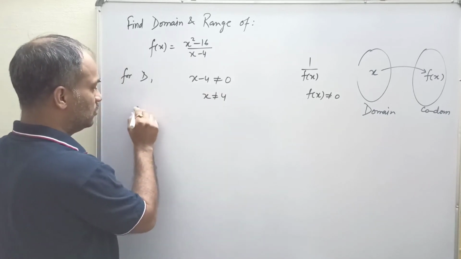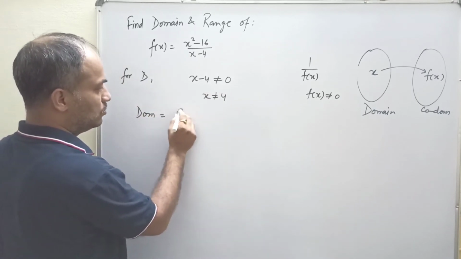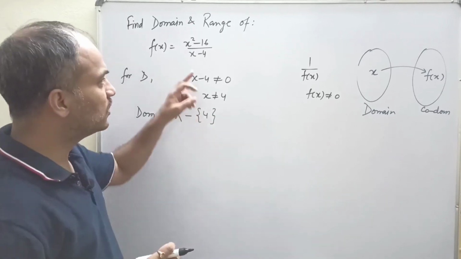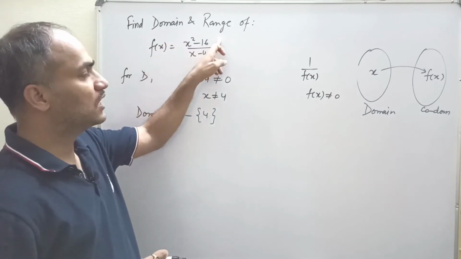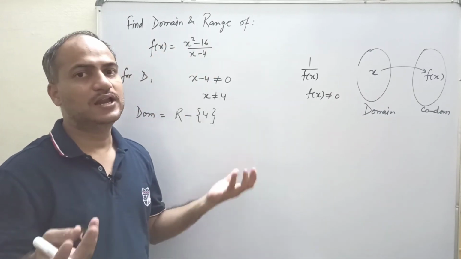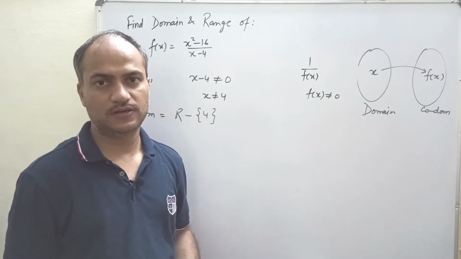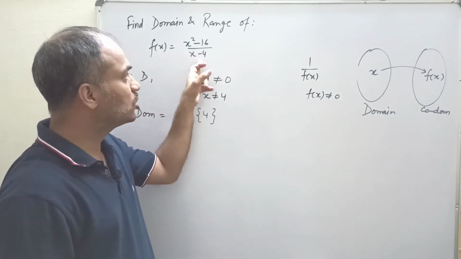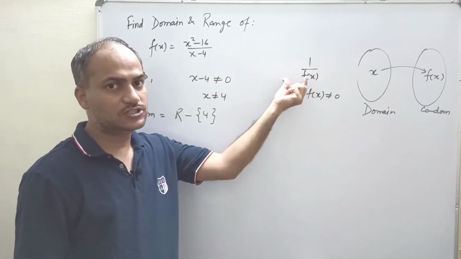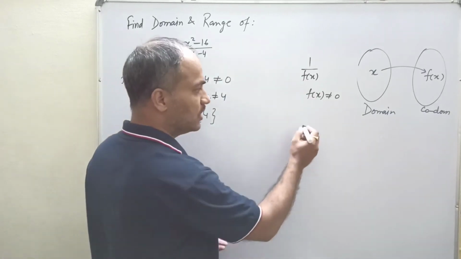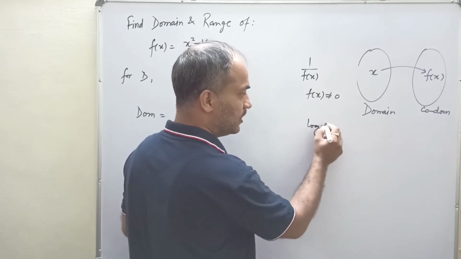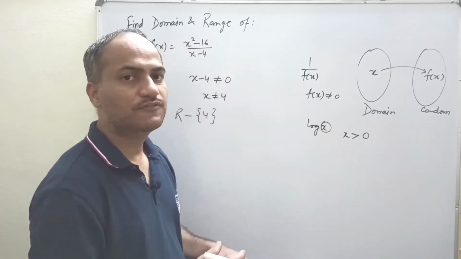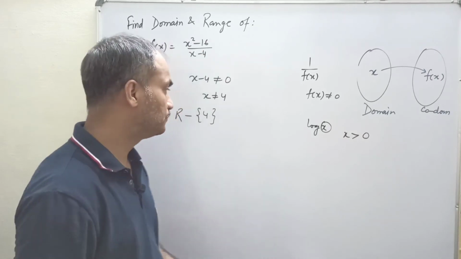So clearly the domain is all the real numbers minus this value. We do not care about the numerator. If it is a polynomial, it is defined for every real number. But we specifically look at the denominator. If it is log x, then x has to be greater than 0 only. There are a few things we have to take care of.